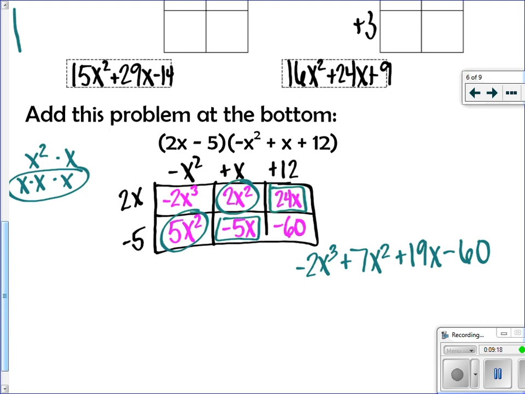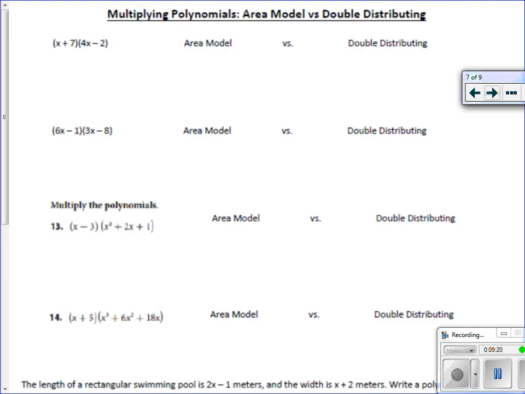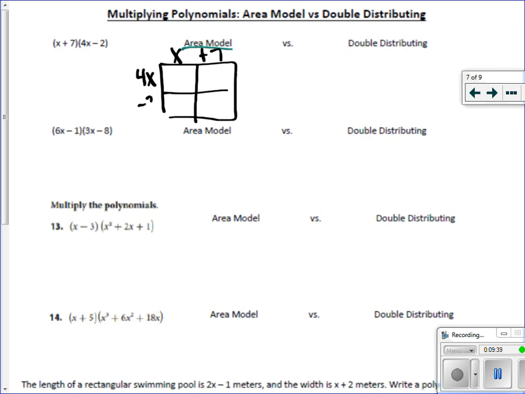Okay, so flip over back. Because this setup, what we were just doing, where you draw that box, is called an area model. So if we're solving this problem with an area model, one goes along the top, one goes along the side. We have x plus 7, and then 4x minus 2.